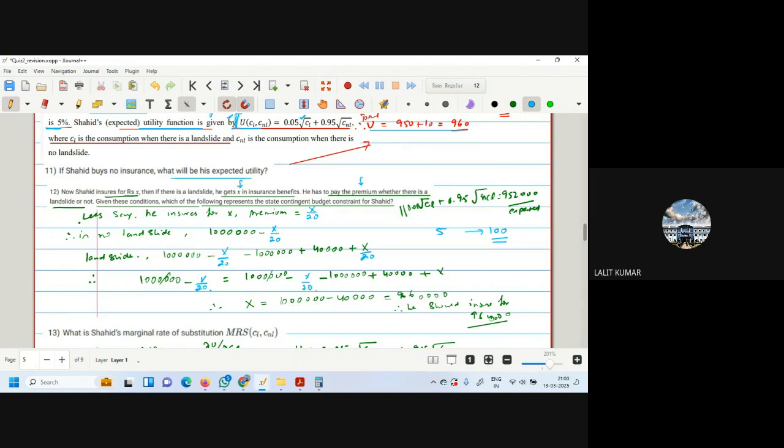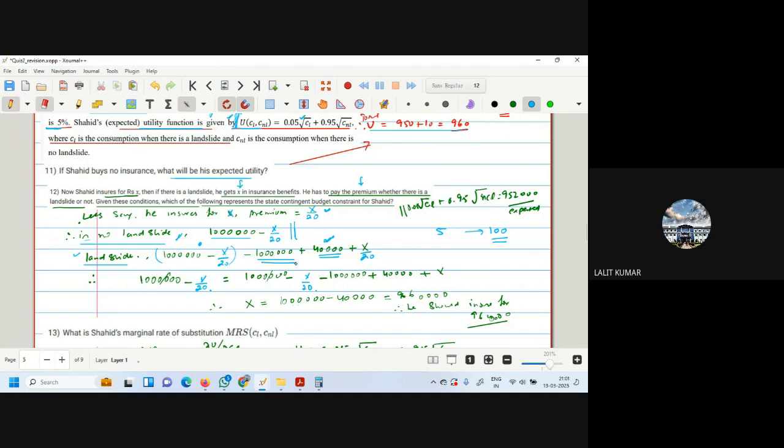So we take both the states, conceptually. He has insured for X, premium he has to pay X by 20. So in no landslide case, he will be left with 10 lakh minus X by 20. It is the value with him. In the case of landslide, he pays this premium. So he starts with this, he loses everything, minus 10 lakhs, and he is left with only 40,000.